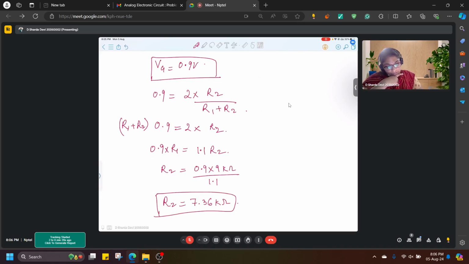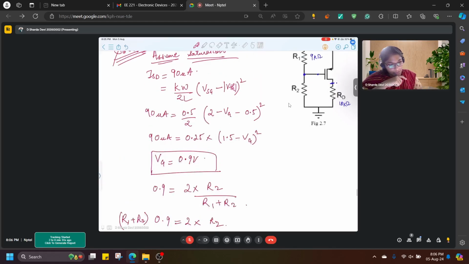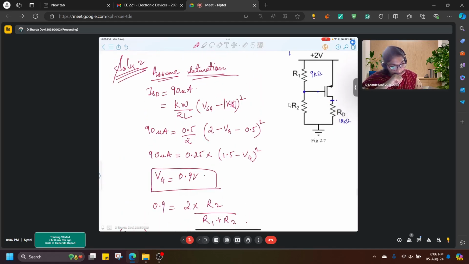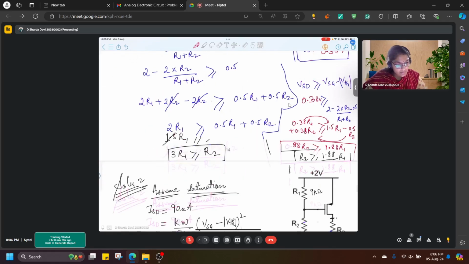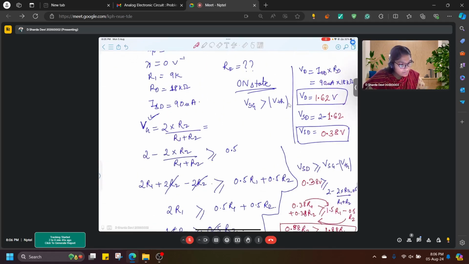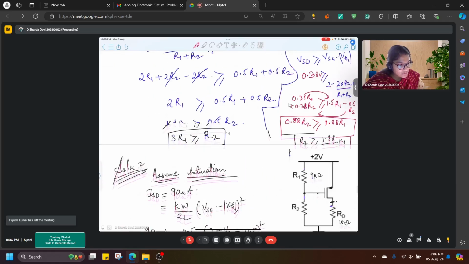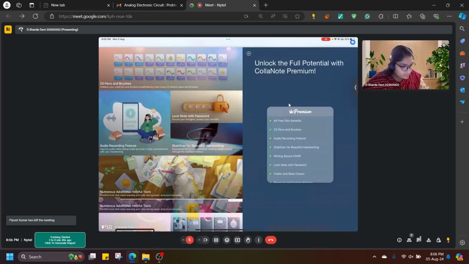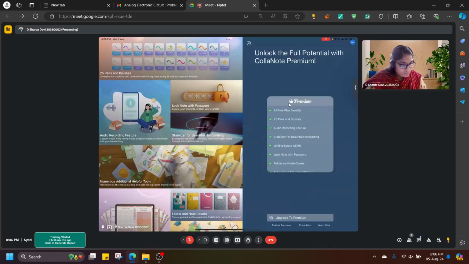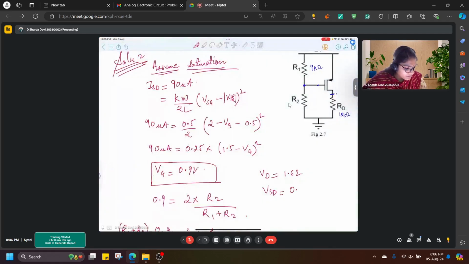But if VT is 0.9, VD was how much? VD was 1.60. So VST is 0.38 volts.